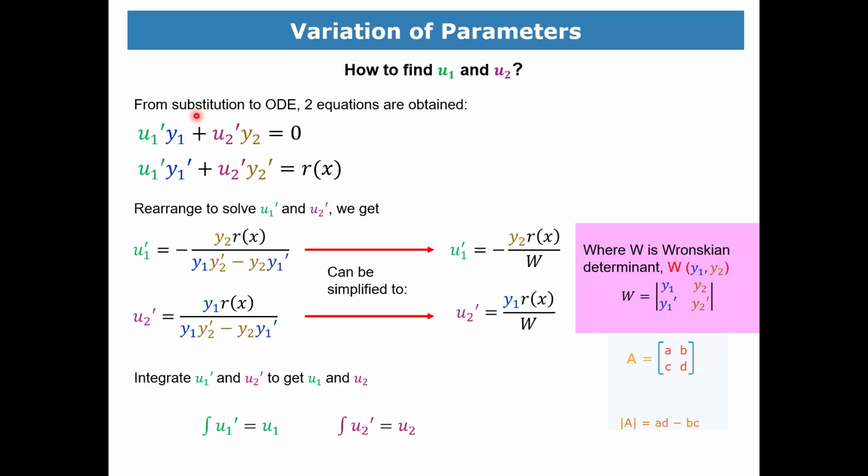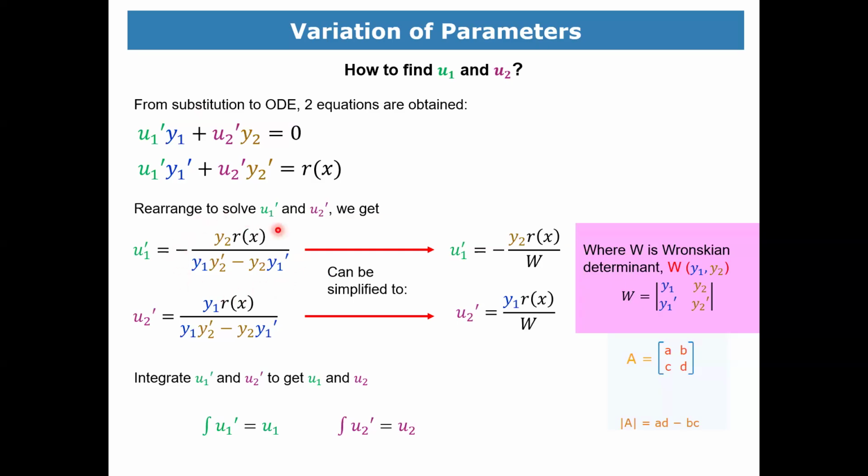But it's important to know that these two equations are obtained. And similar to when you want to find A and B values from 2 or 3 equations, we just have to rearrange and substitute everything. Similarly, for this one, we have two equations, then you can find u1 prime and u2 prime. The equation of u1 prime is this equation after rearranging from this, and u2 prime is this equation.